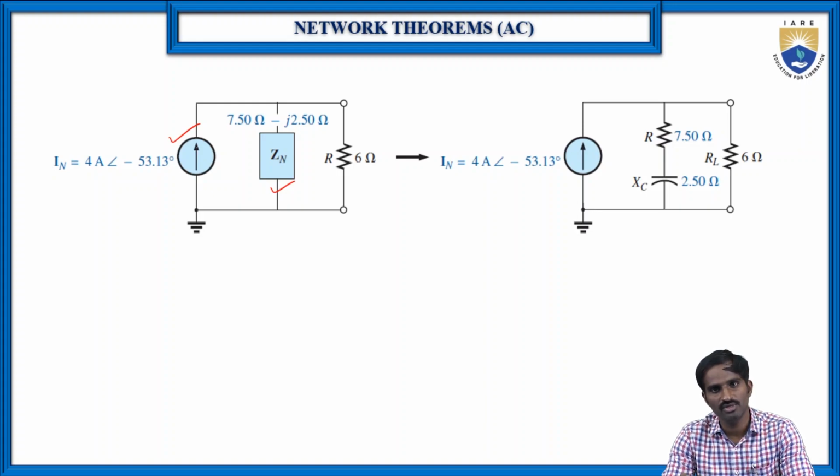But in the Norton's equivalent circuit, the I N, which is the Norton's current, and Z N, which is the Norton's impedance, and RL, the same load resistor, are connected in parallel. So that is the difference between the Thevenin's theorem and the Norton's theorem.